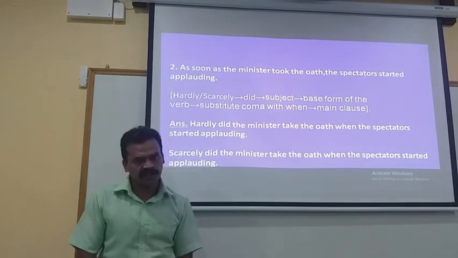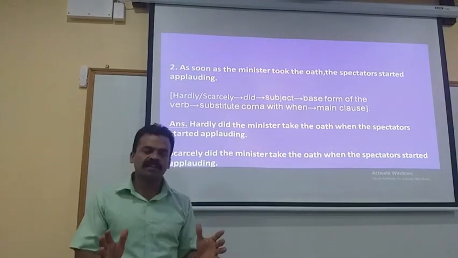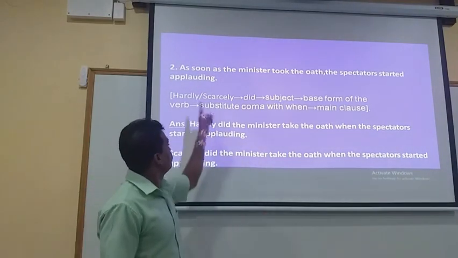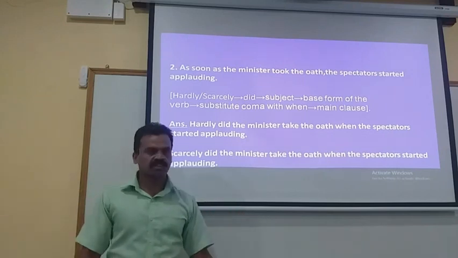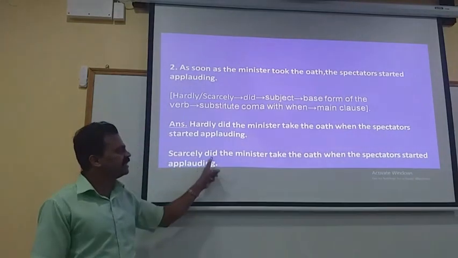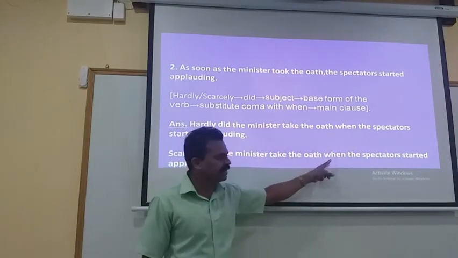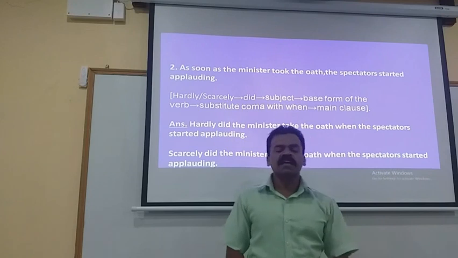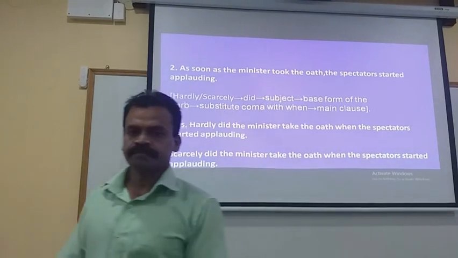Same is the case when we convert the statement into scarcely. The only difference is hardly will be changed to scarcely and the rest of the rule is exactly as it is. So the answer will be: scarcely did the minister take the oath when the spectators started applauding. The comma is substituted with when. The main clause remains exactly as it is.